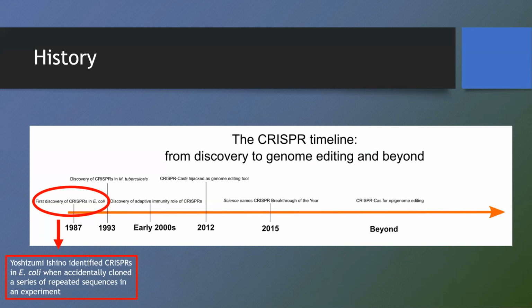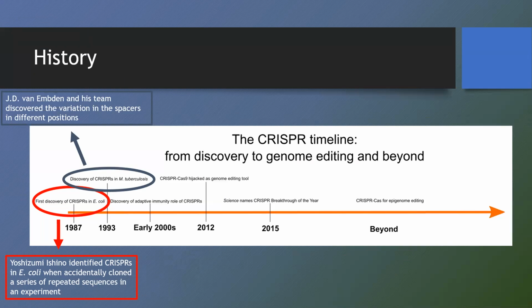However, due to the lack of data and evidence, it was fairly difficult for researchers to unravel the mystery of these repeats. Not until 1993 did Mojica's contemporary Groenen and his team discover the CRISPR in tuberculosis and subsequently find variation between species in different positions.